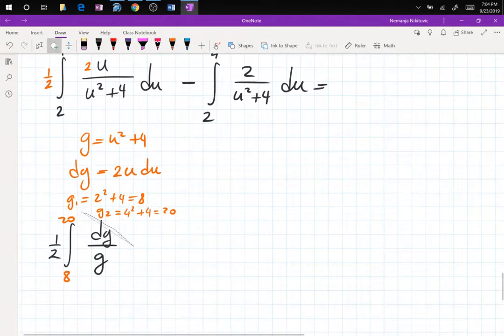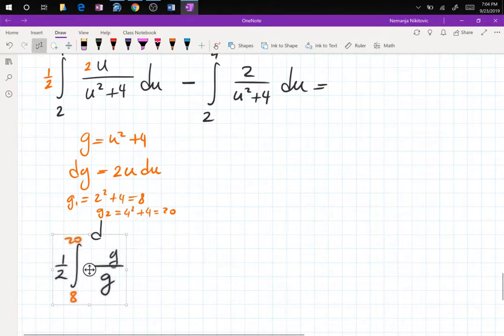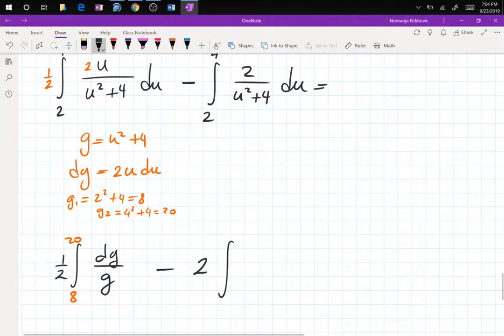If you wrote this too close, you can just move it. There we go. We've got to move the d as well. Minus 2 times the integral of 1 over u squared plus 4 du.